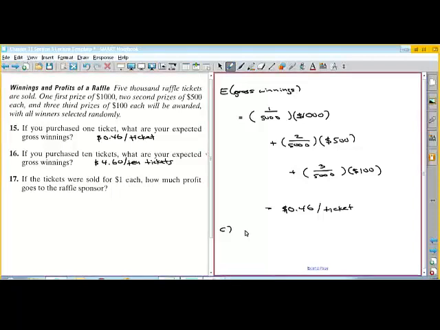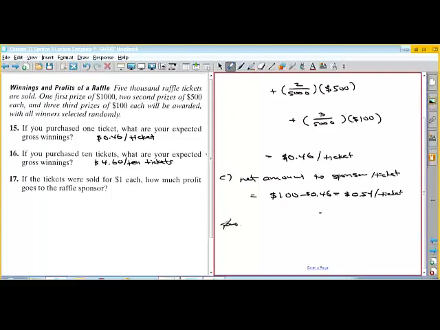So part C, you would say, net amount to sponsor per ticket is going to be equal to $1 minus the amount that I pay out per ticket, which is $0.46, which is $0.54 per ticket.